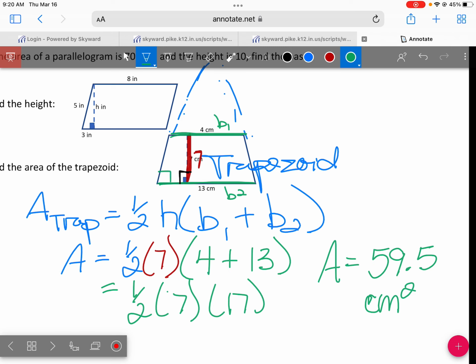Because with area, you are always trying to figure out how many little squares make up that entire figure. Any questions on that? Any questions?